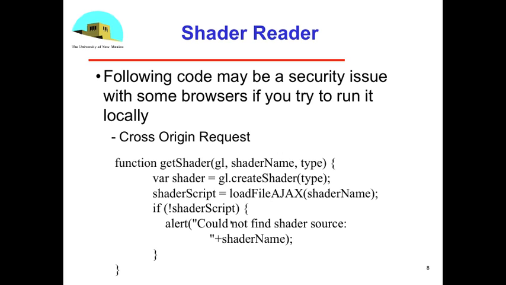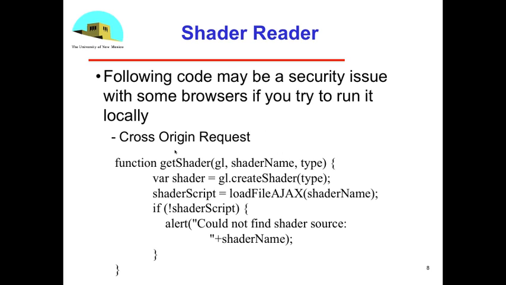There are multiple ways to do this step of having an equivalent function get shader, where GL is the WebGL context, shader name is the file we want that to go into, and whether it's a vertex shader or a fragment shader. The issue is that some browsers are not going to let you do that under certain circumstances.